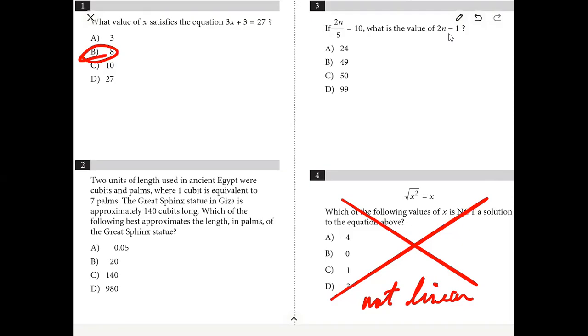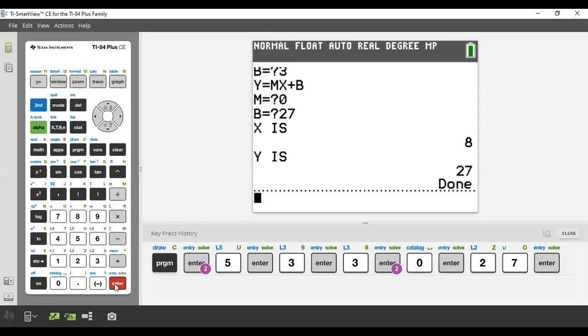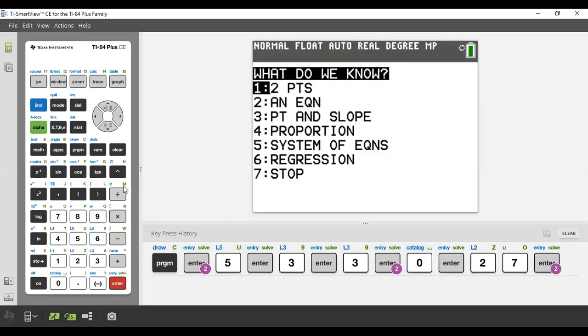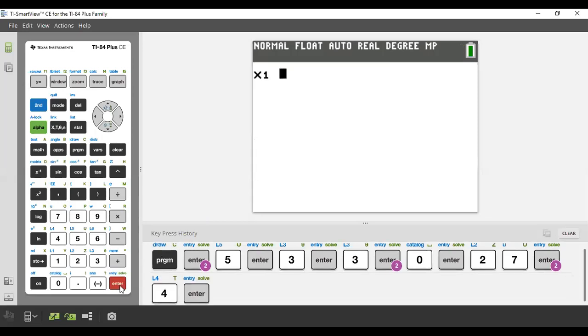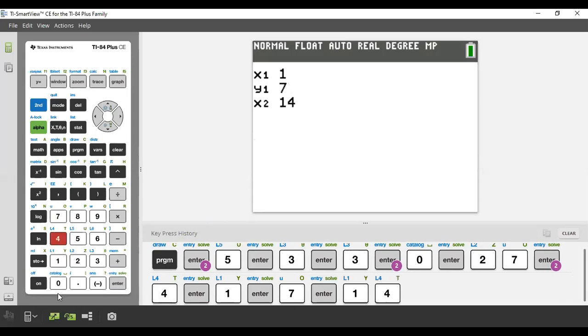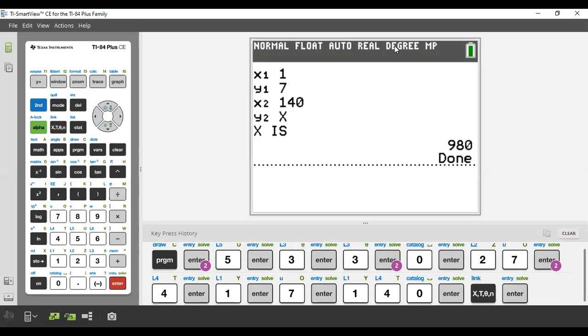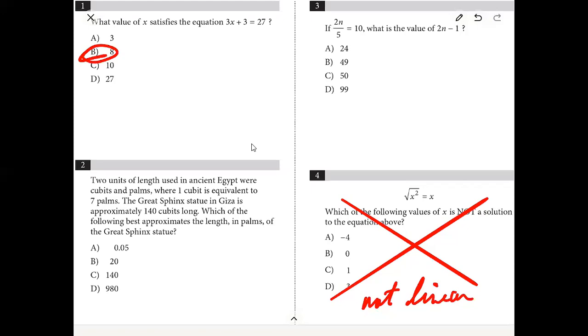I would use the program again, press enter, and use option 4 for proportion. Here I would say 1 cubit is equal to 7 palms, so 140 cubits is equal to x. That's what we're trying to solve. That means it would be 980, so I would circle 980.